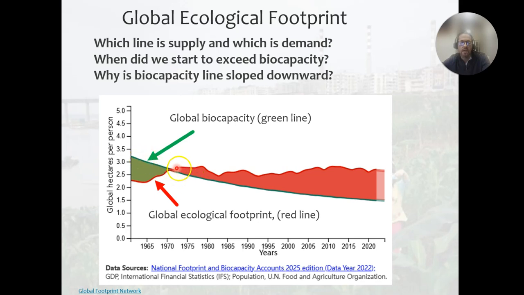So what happens? How can we use more than our supply? Well, that's what this downward slope indicates. What does the downward slope of that supply line mean? That means that over time, in addition to population growth, we have less biocapacity because we're using up too much.